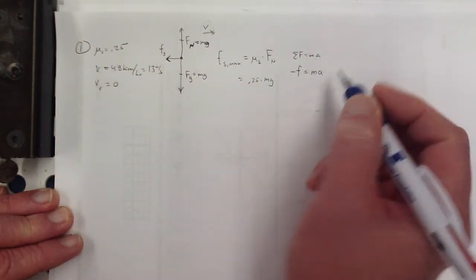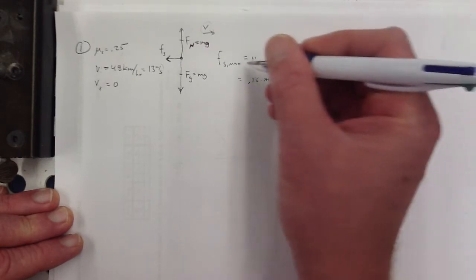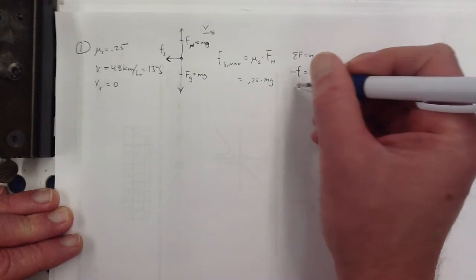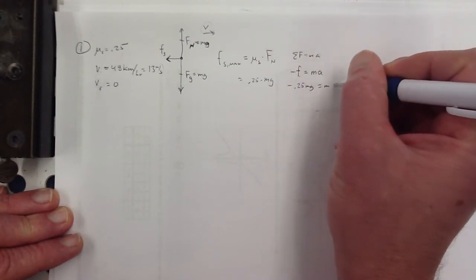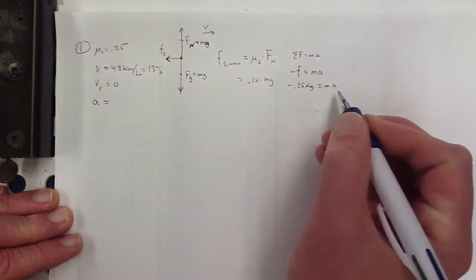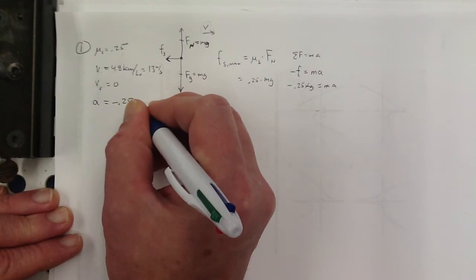So it needs to come out to be negative. Friction is 0.25 mg. The m's cancel, so my acceleration here is negative 0.25 g.